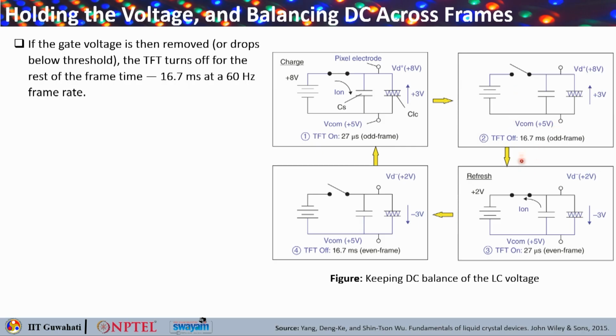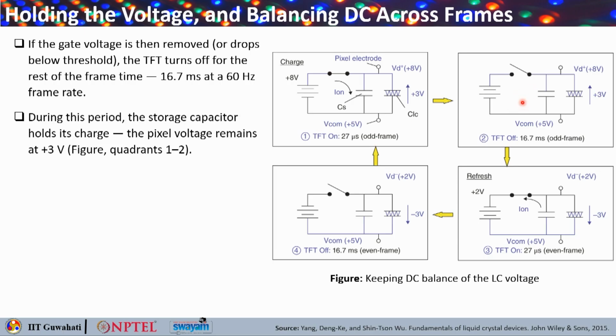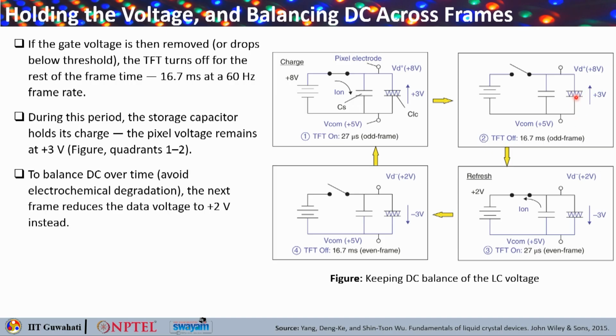That is typically 16.7 milliseconds at 60 Hertz frame rate. So here it was for the odd frames. During this time the storage capacitor CS holds its charge and the pixel voltage level remains at plus 3 volts that you see here.